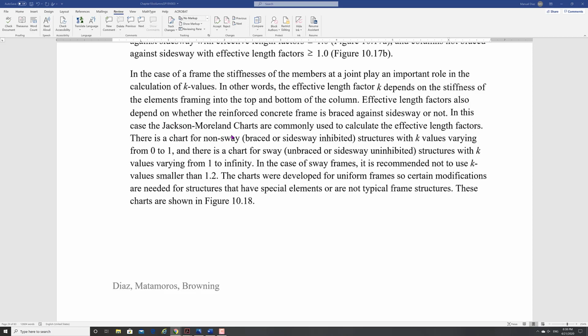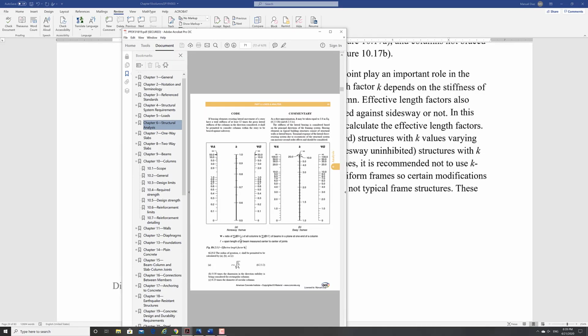Now, the Jackson-Moreland charts, which I showed you, are the ones that normally we use in concrete. And as I pointed out to you, there are two charts, one for non-sway and one for sway.